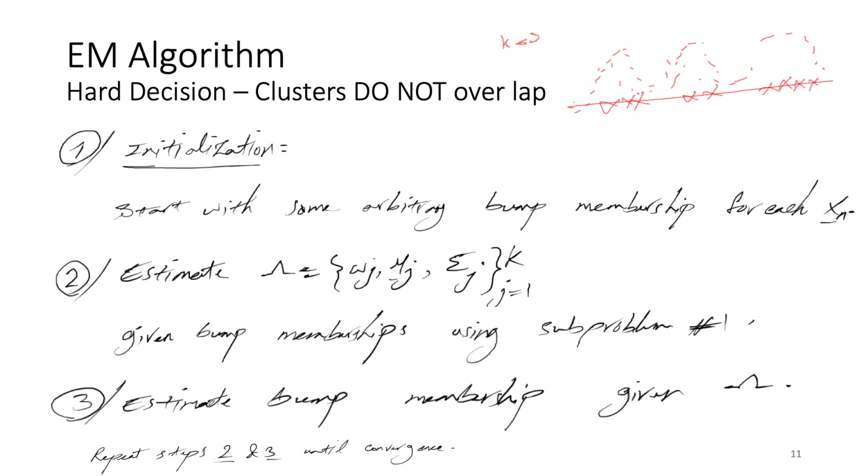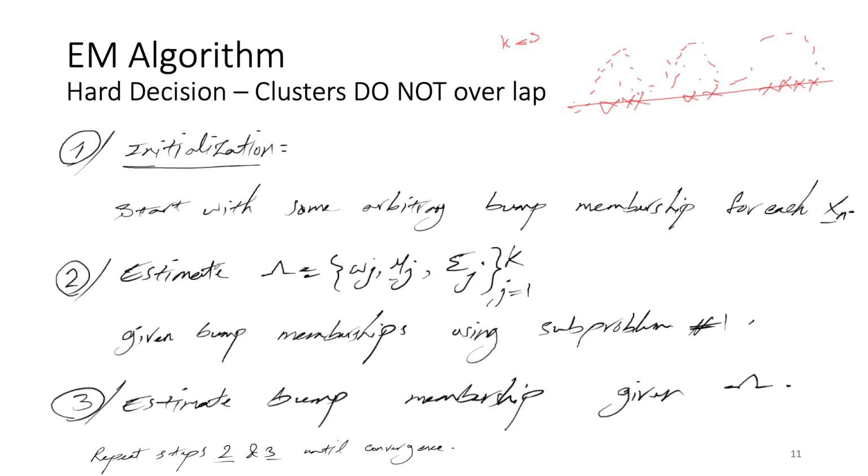So this was coming from subproblem number 2, and this was the answer of subproblem number 1. And after several iterations, at each iteration you can estimate your in-sample error, and when you see no further improvement, that's a sign that you converged. So after, I don't know, 5, 10 iterations. So that was for the hard decision.